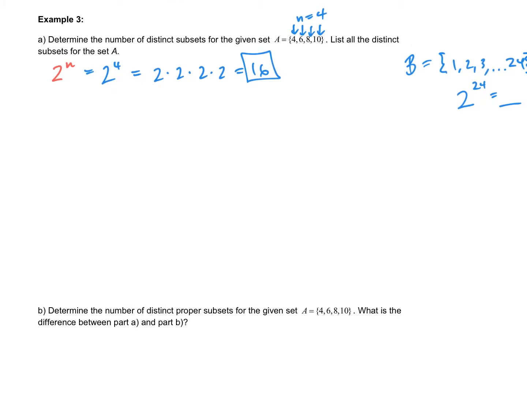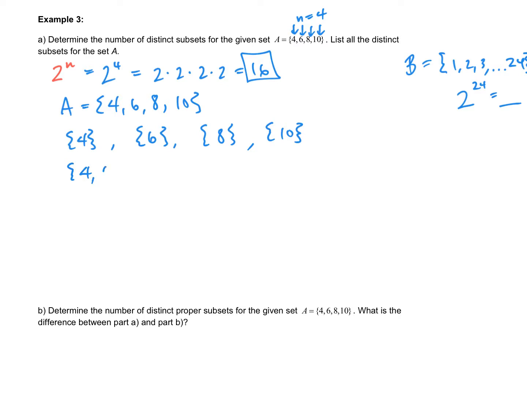So what are the subsets of A? A equals 4, 6, 8, 10. The subsets are 4, 6, 8, 10. There are 4 of them. And now how about subsets of 2? 4 and 6 are in there, right?